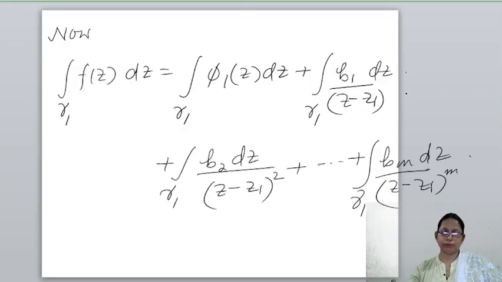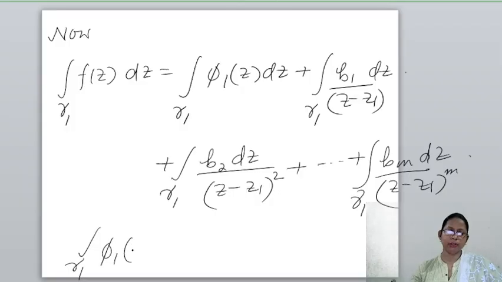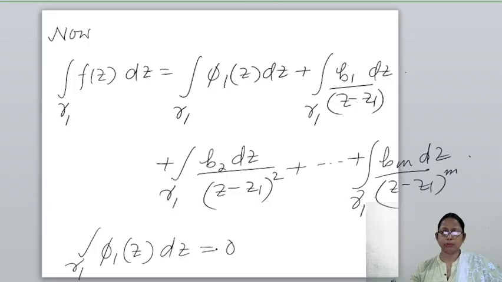Before that, write this: the integral over gamma 1 of phi 1(z) dz is 0, because phi 1(z) is analytic in this circle gamma 1, so the integral around gamma 1 of phi 1(z) dz is 0 by Cauchy theorem.